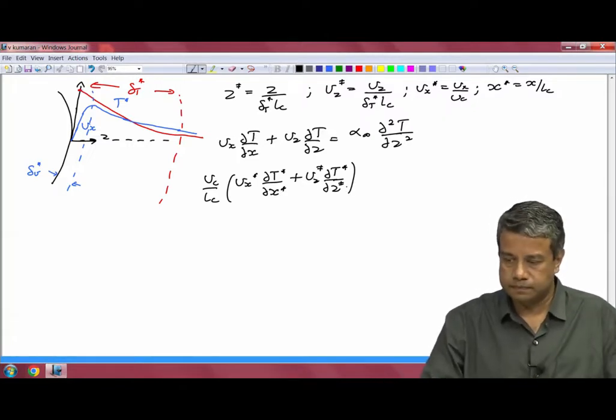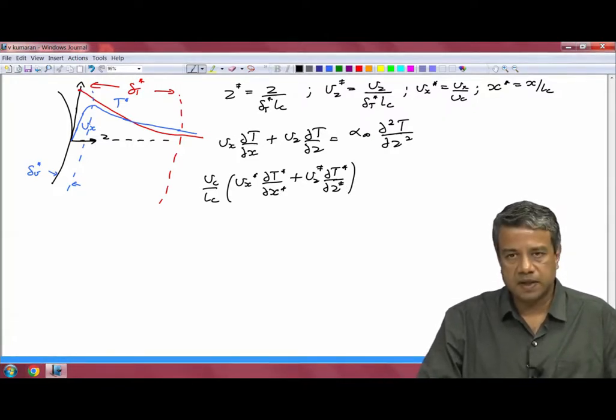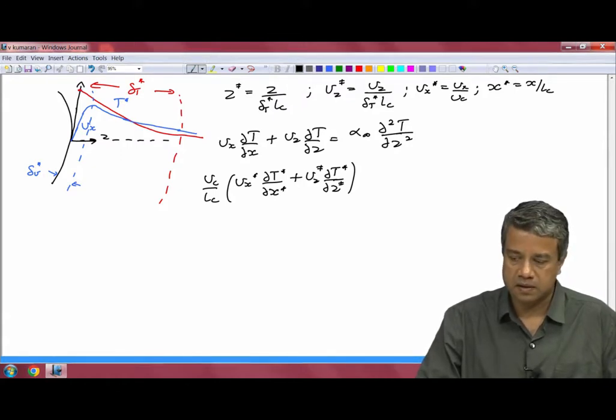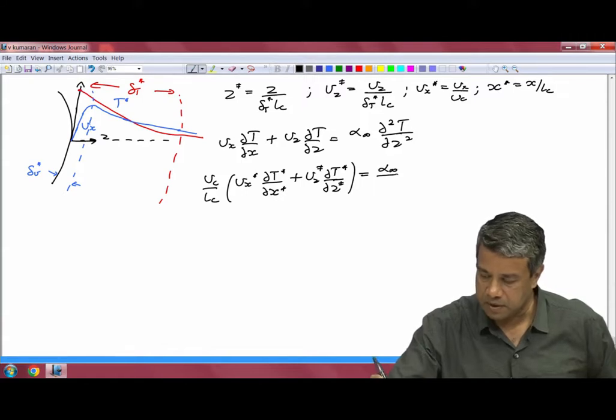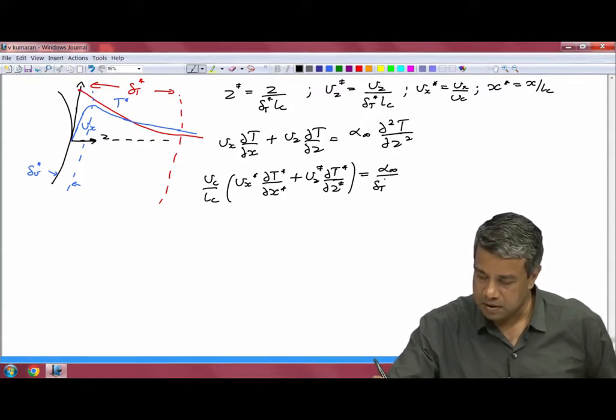Note that Vx by x and Vz by z are of the same magnitude in this case. Both of them go as Vc by Lc. On the right side I will have alpha infinity by delta T square Lc square.